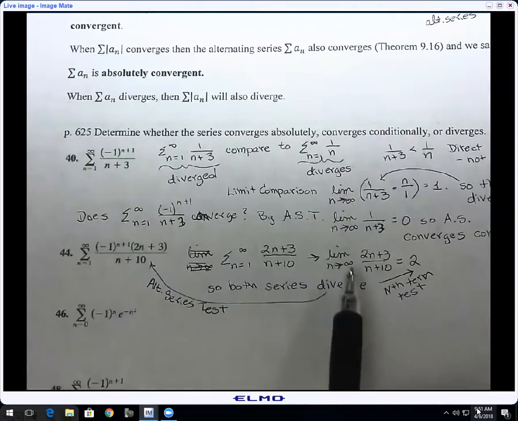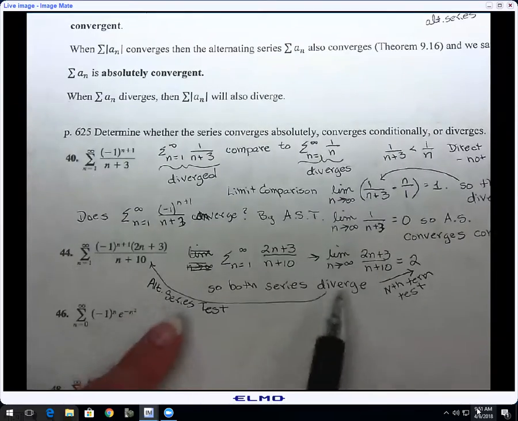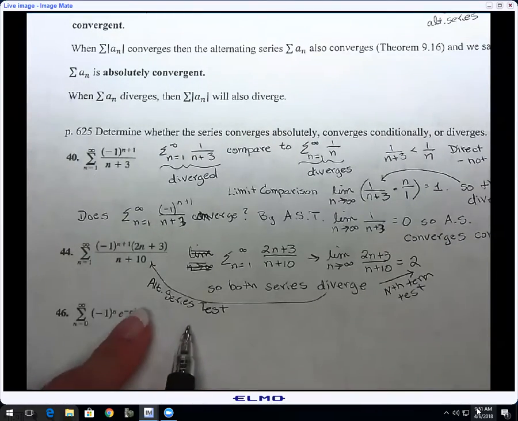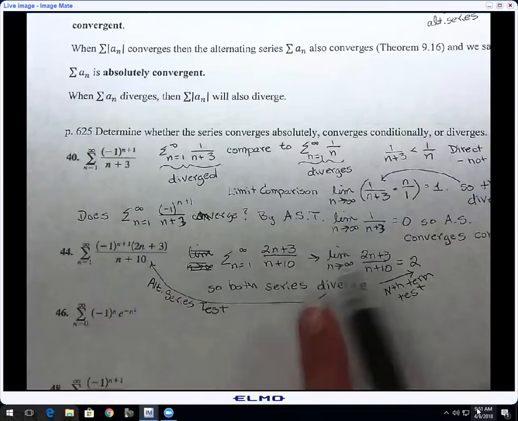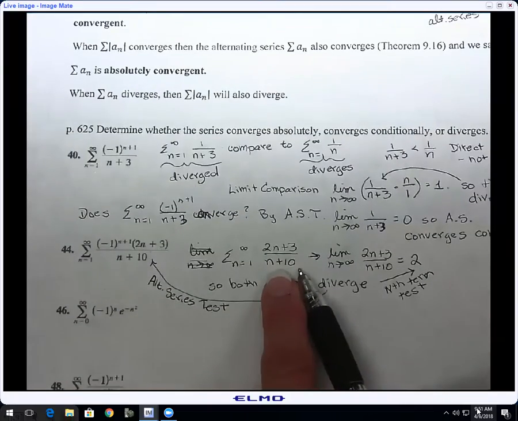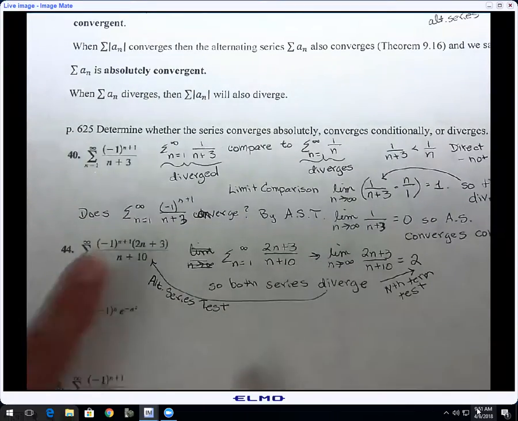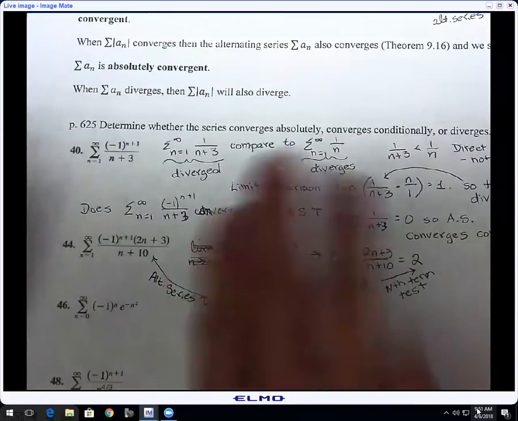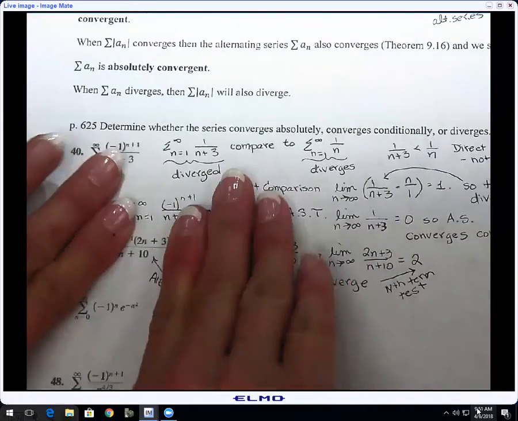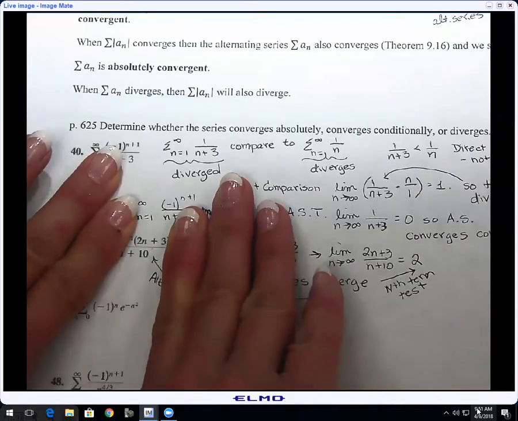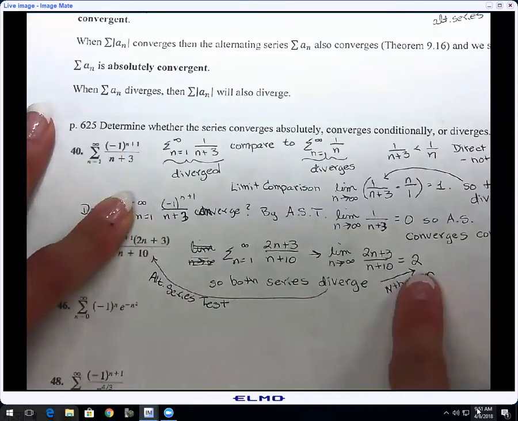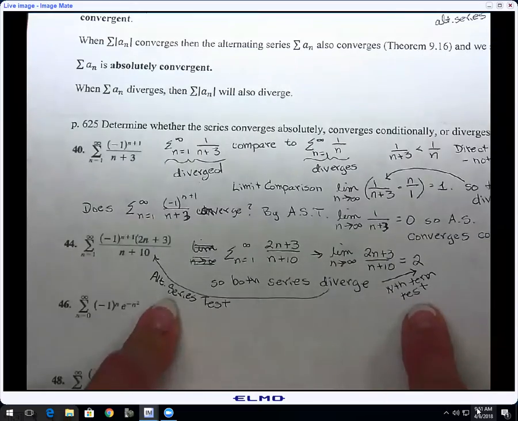Well, yes, that's used, but that's actually not the nth term test at that point. That's the alternating series test. So this one diverged by the alternating series test. This one diverged by the nth term test, because the alternating series test says that limit has to be zero, and that limit's not zero.